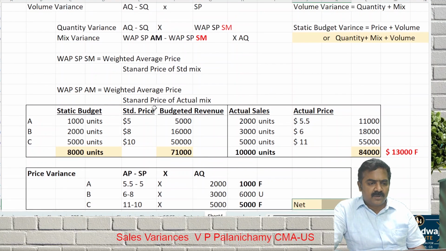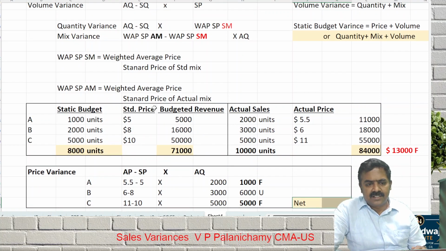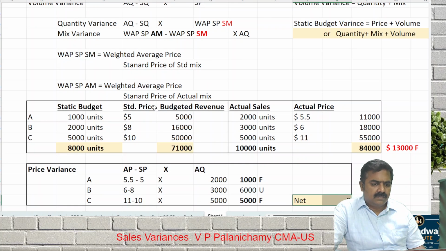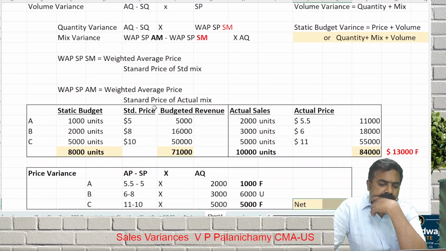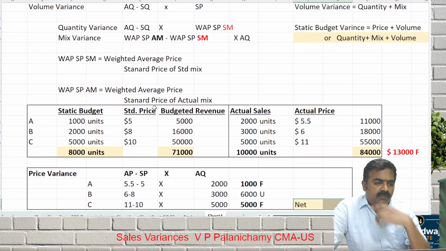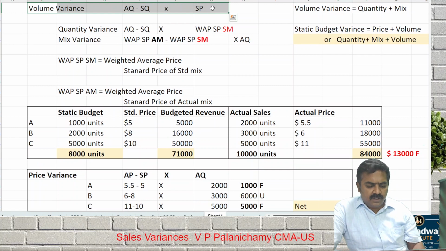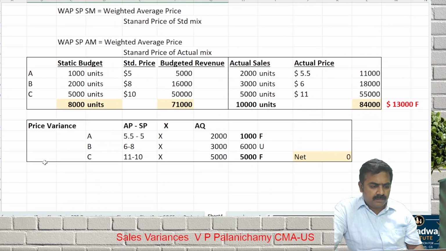Will it be 0 always? No. In this question, it is accidentally 0. Next, try to work out the volume variance.